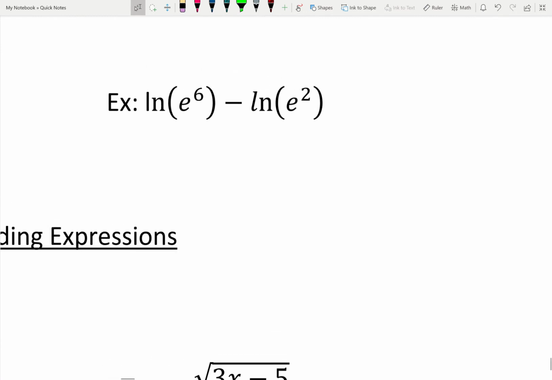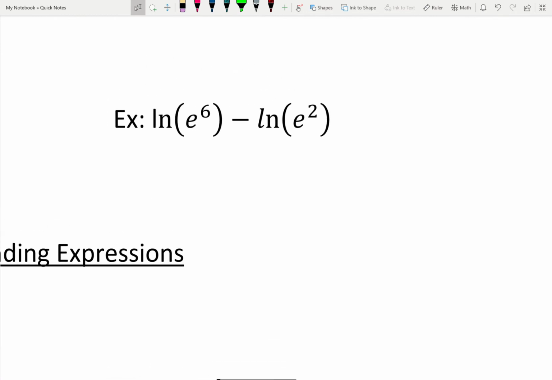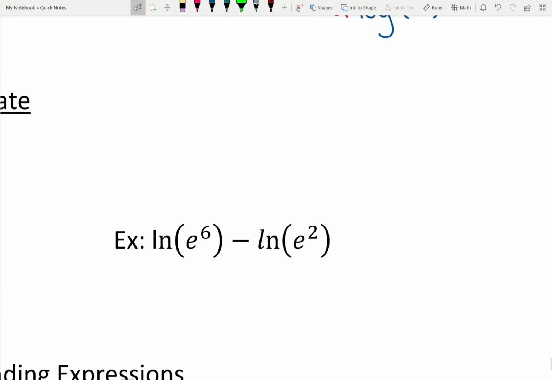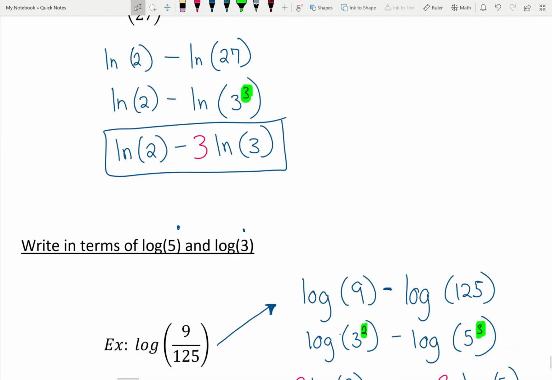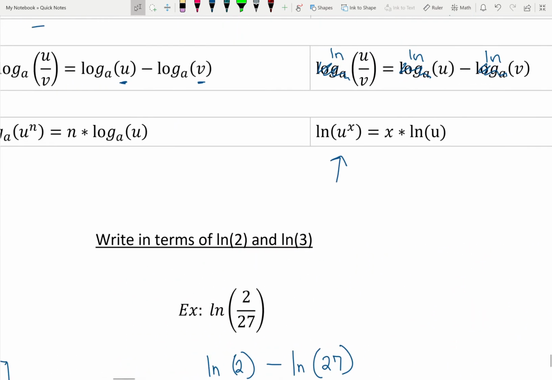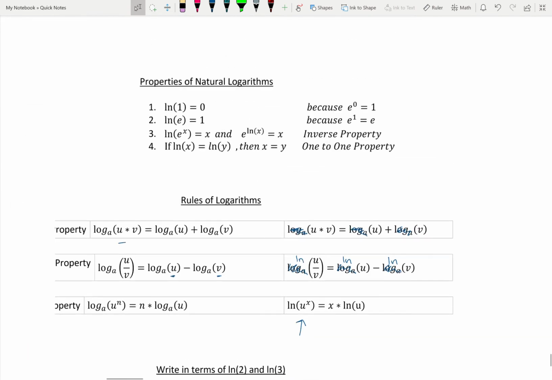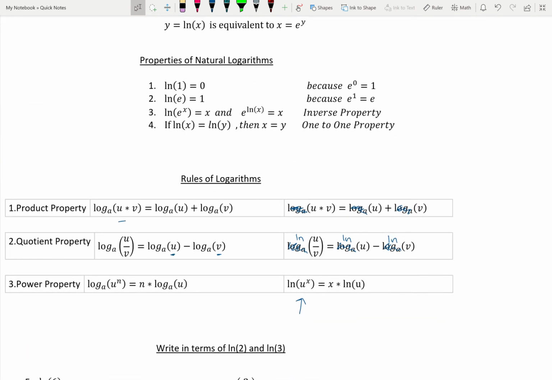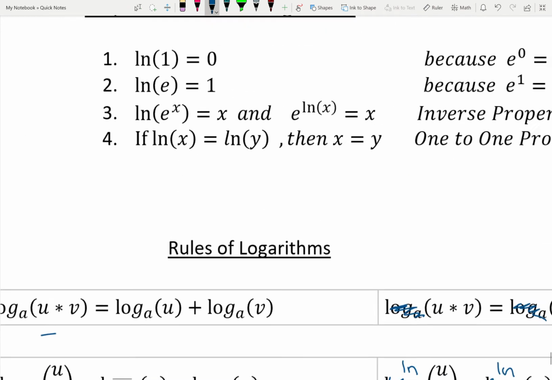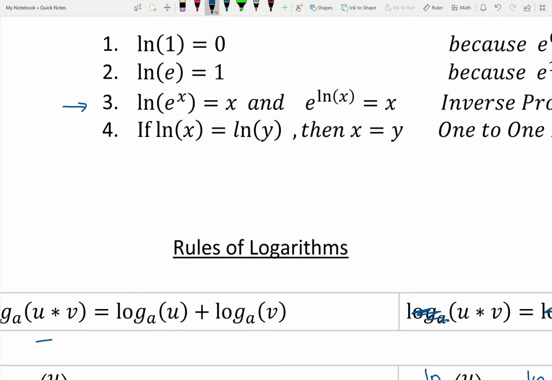All right, last one we'll do. ln of e to the 6th power minus ln of e to the 2nd power. Let's see if we can use another rule, a quick rule here. Let's see, here we go. If I have ln, I'm looking at number 3 right here. If I have ln of e to some number, that whole thing evaluates to just that number.